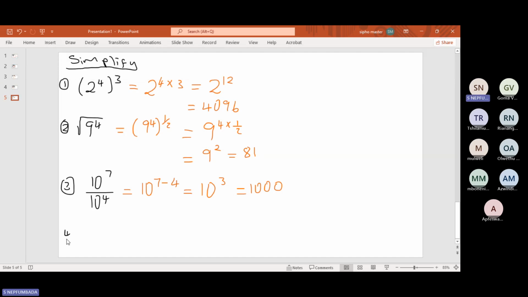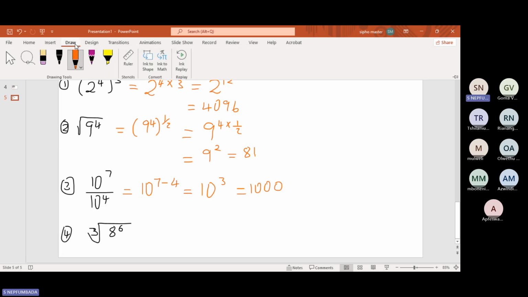Then on number 4, let's say they give you cube root of 8 to the power of 6.